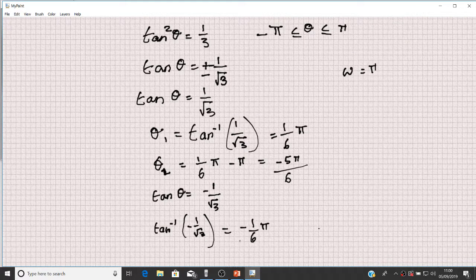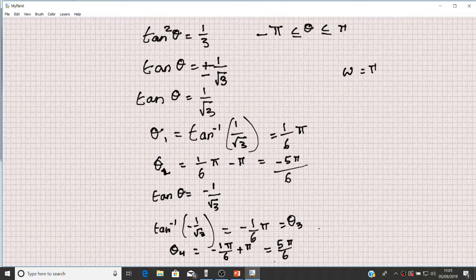So that's theta 3. And for the final solution, theta 4, I add a full pi to that. So minus 1 pi over 6 plus pi, and that will give me positive 5 pi over 6.